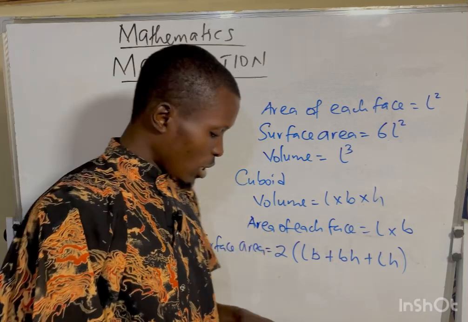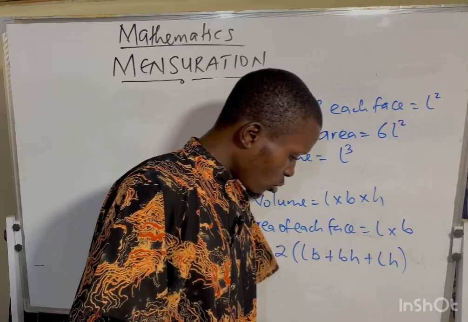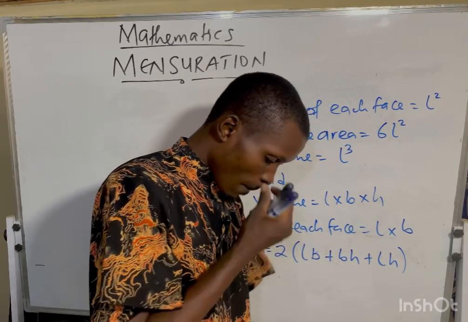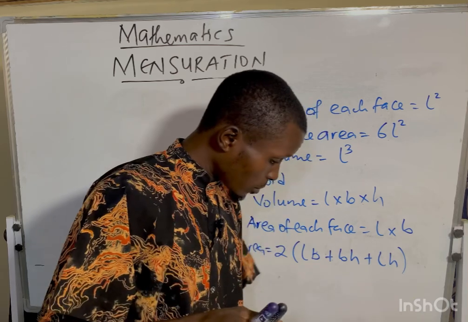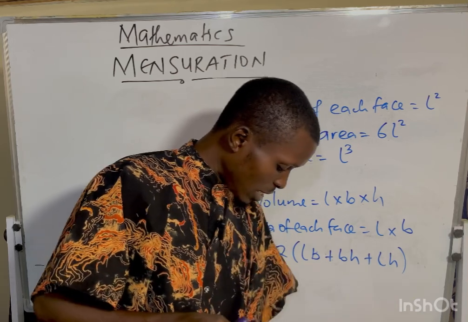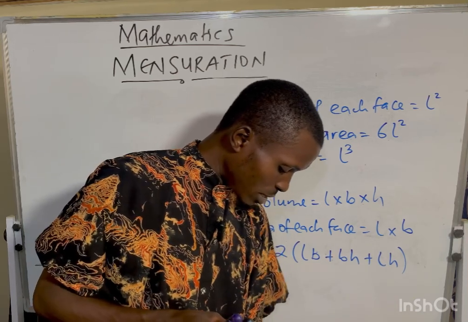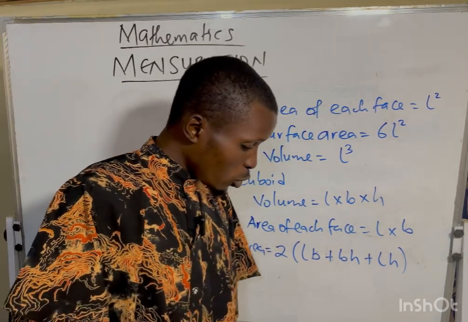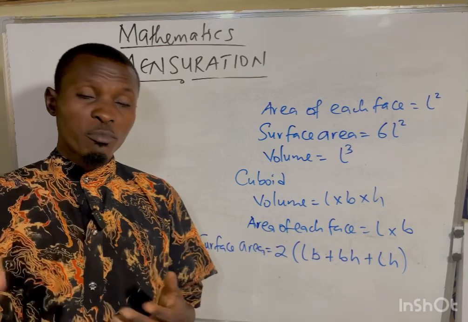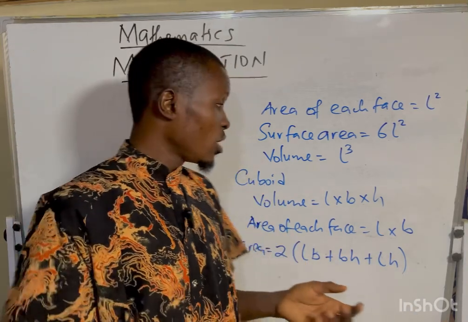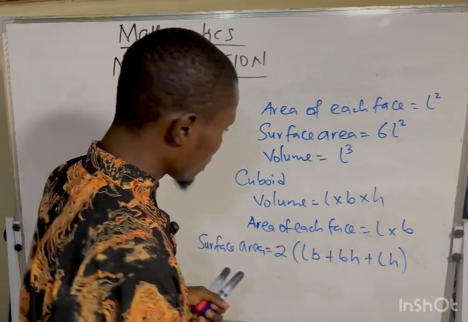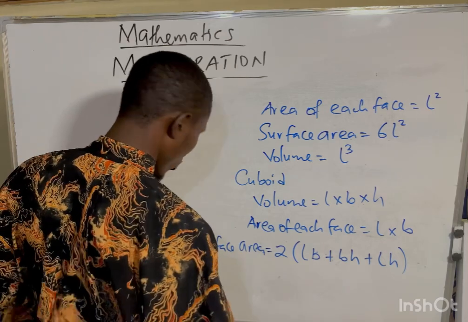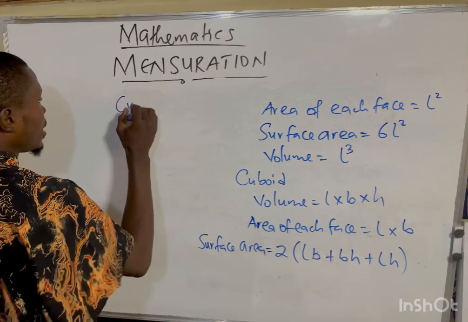This is for cube and cuboid. Now for a cylinder, we know what a cylinder looks like, right? A tin of milk, for example, is a cylindrical shape. We're just trying to recall.